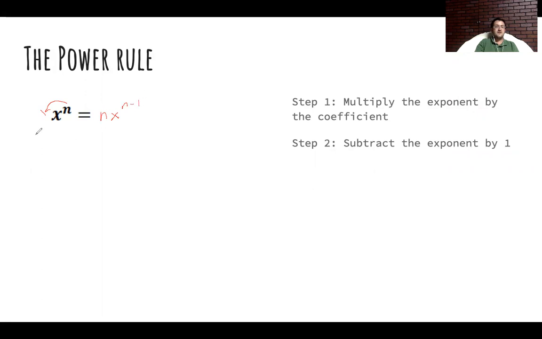Now, a variation that you may see: maybe there's a coefficient, ax to the n. What you would do is n times a, and then we would do the n minus 1 and subtract our exponent.